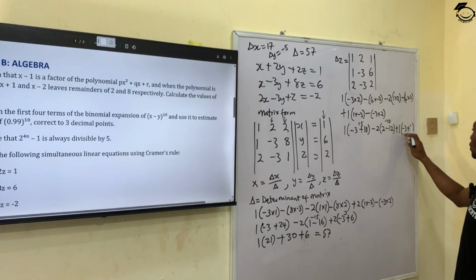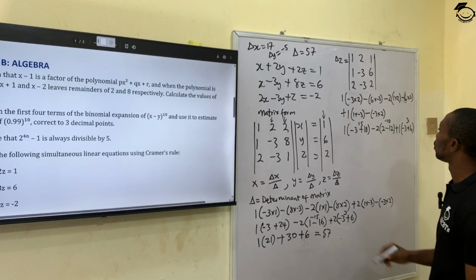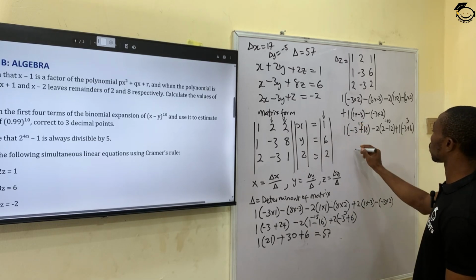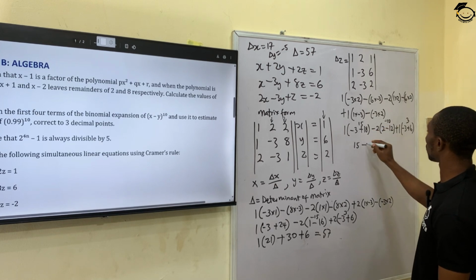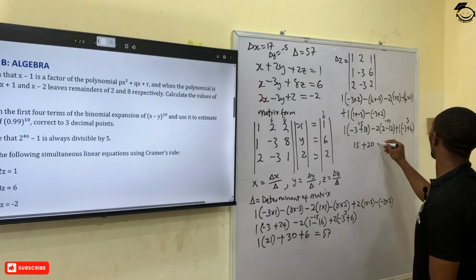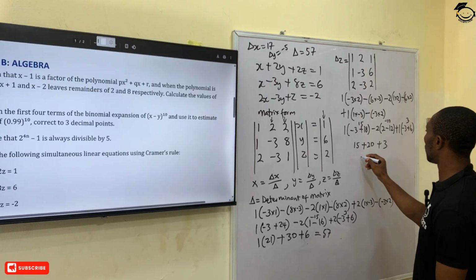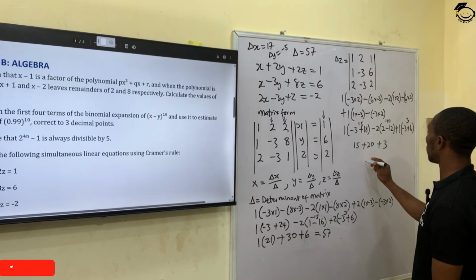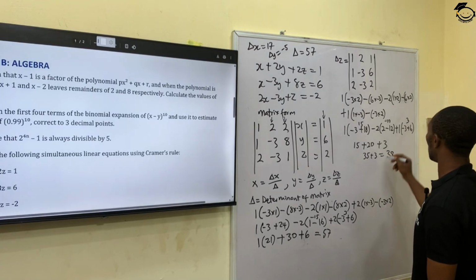And minus 3 plus 6 will give us 3. So now, opening this, 15 times 1 will give us 15. Minus times minus will turn to plus 2 times 10, 20. Plus 2 times 3 times 1, 3. Which will now give us 15 plus 20 is 35, plus 3, which will give us 38.